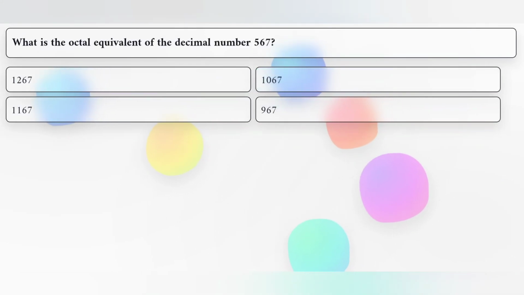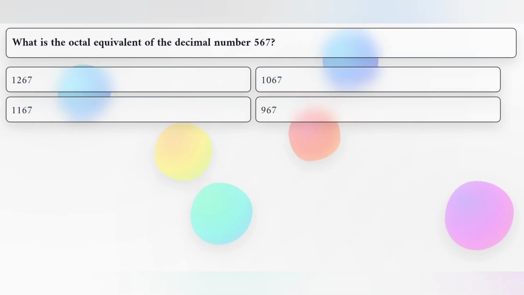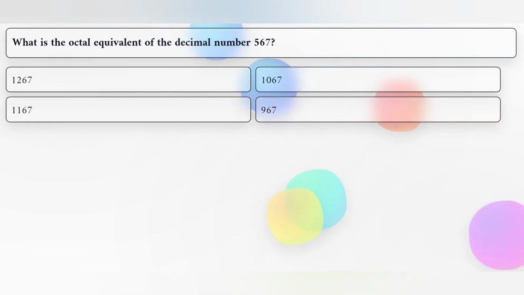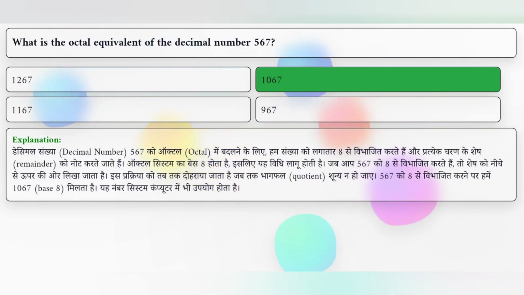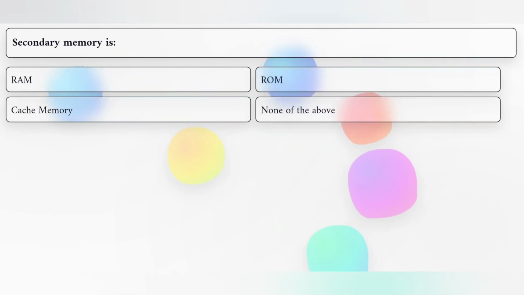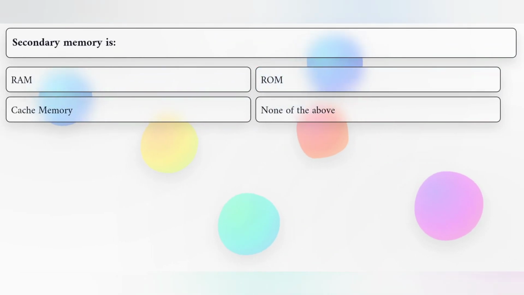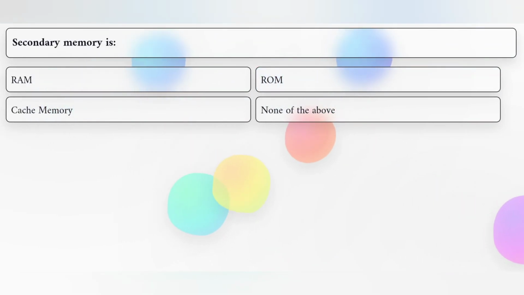What is the octal equivalent of the decimal number 567? 1267, 1067, 1167, 967. Secondary memory is RAM, ROM, cache memory, none of the above.